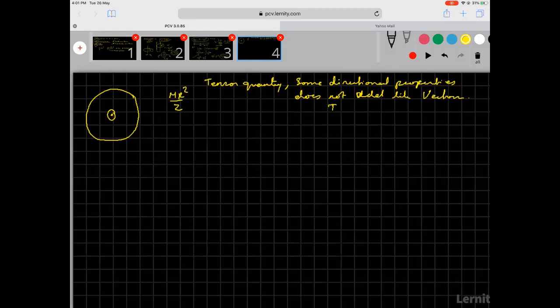It in fact adds like scalars, that is ix plus iy is equal to iz. This is like a scalar addition. In case of vectors, it would have been ix square plus iy square is equal to iz. This is vector addition, this is scalar addition.